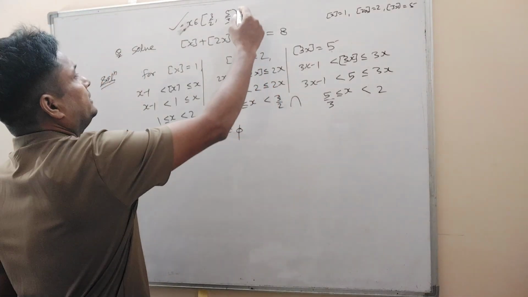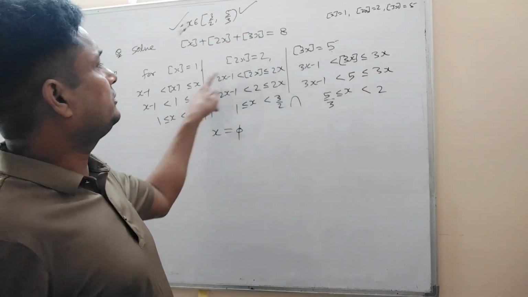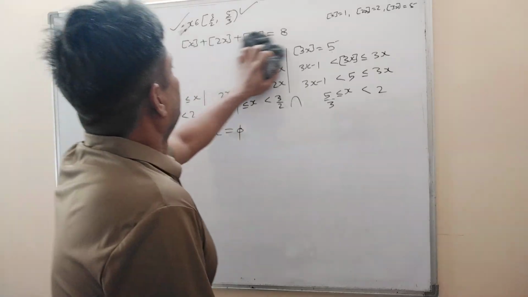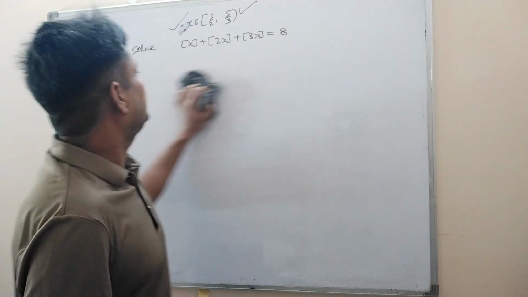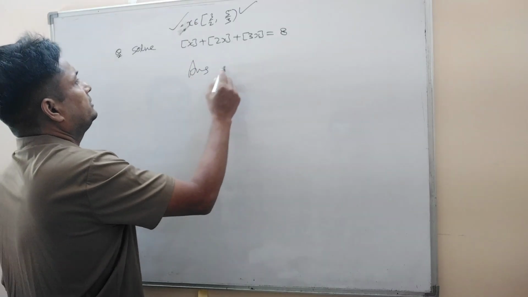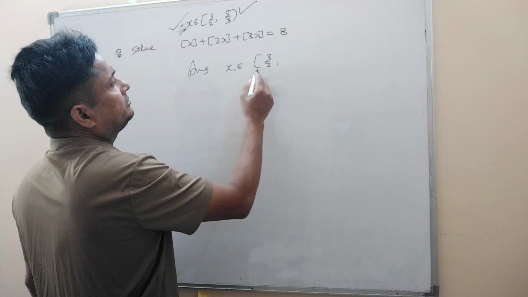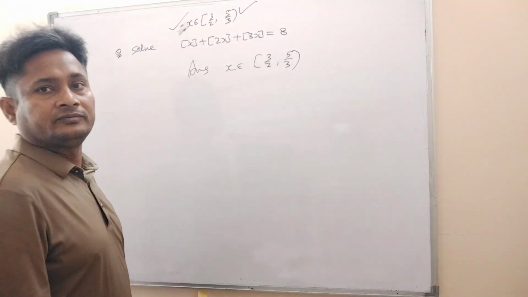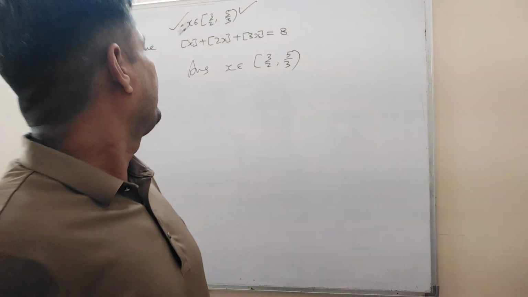In this possible combination, there will be no interval. So this is our final answer. The answer is x belongs to 3 by 2 closed bracket to 5 by 3 open bracket. Right? So this is our answer.